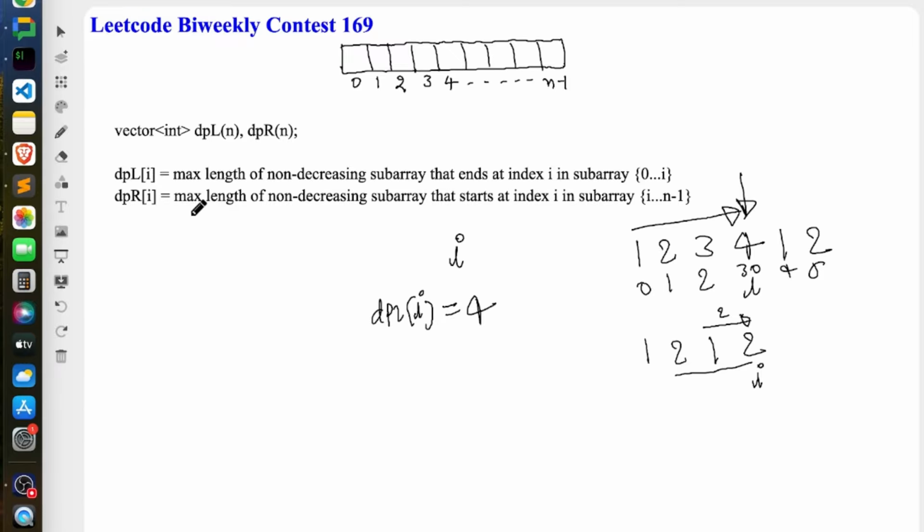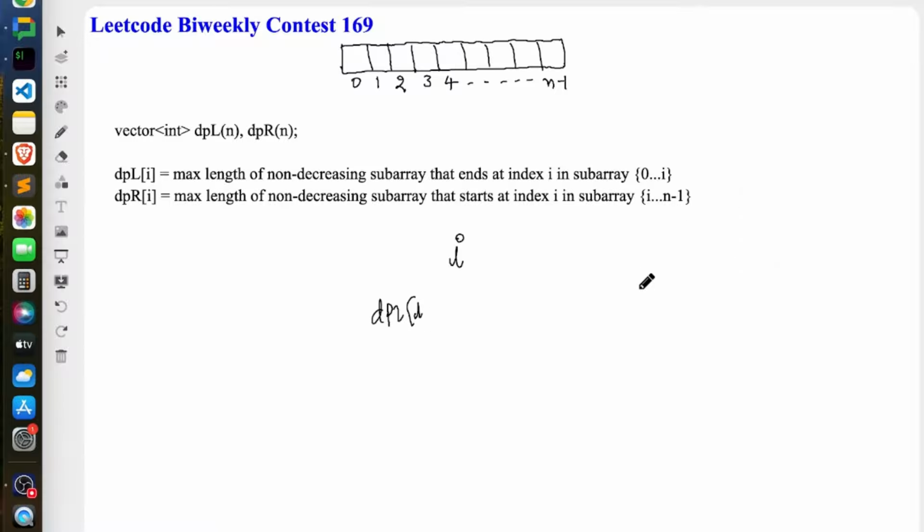So I hope you understand what is dpl of I. And for dpr of I, dpr of I is nothing but the maximum length of non-decreasing subarray that starts at index I in subarray I to n minus 1. Let's try to understand that by taking some example.